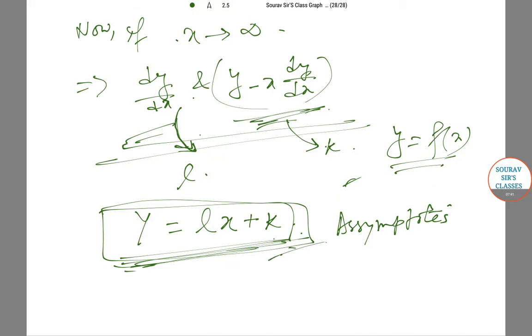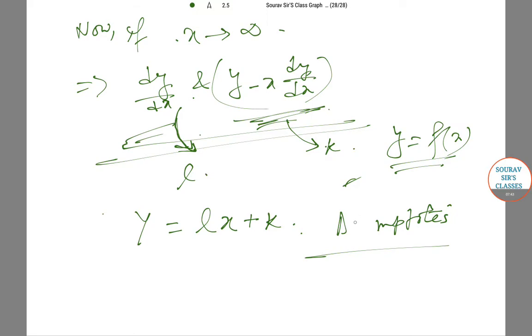It is the property of asymptotes. Now we know what asymptotes are.